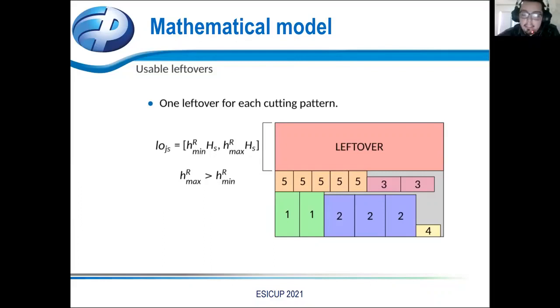So the height of a usable leftover must be, this is the variable LO that indicates the height of a leftover in the pattern J for a plate S. This height must be in the interval indicated here, in which HR minimum and maximum are values between 0 and 1, and HR maximum must be greater than HR minimum.